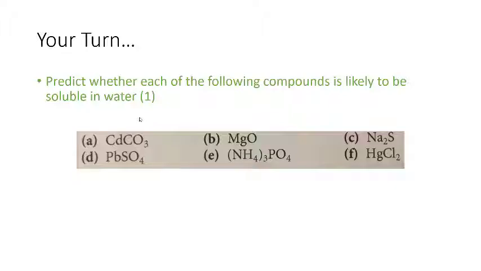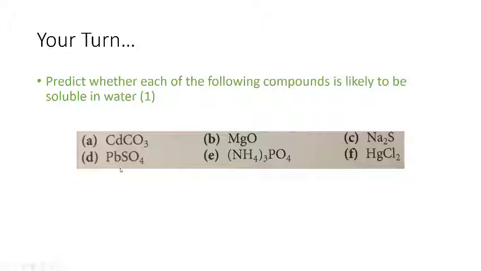This one is also expected to be insoluble because we have our oxide, which is considered to be insoluble, and magnesium is not one of our exceptions. Next is sodium sulfide. We expect this to be soluble. Even though sulfides we expect to be insoluble, this sodium is an alkali metal, so all alkali metals are soluble. Next, lead sulfate.